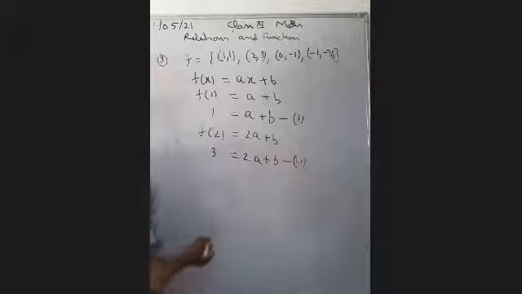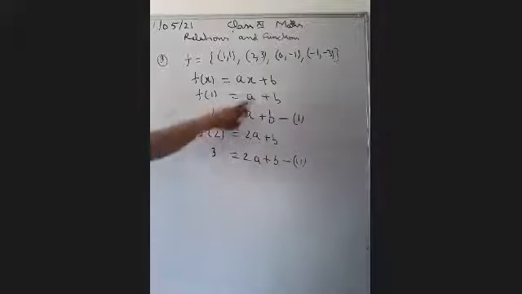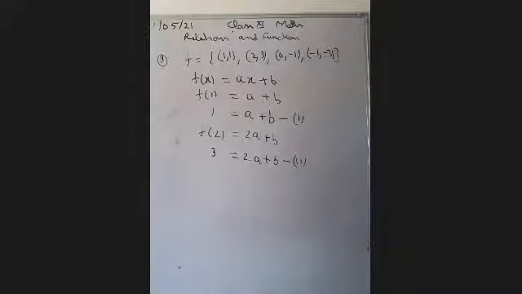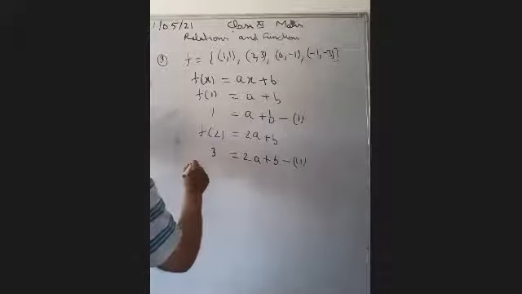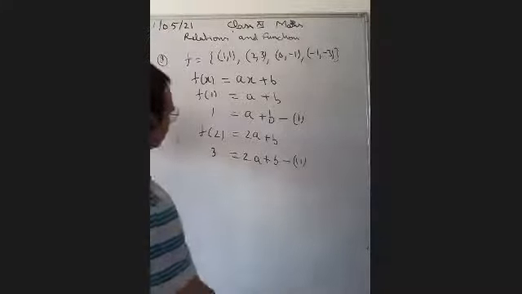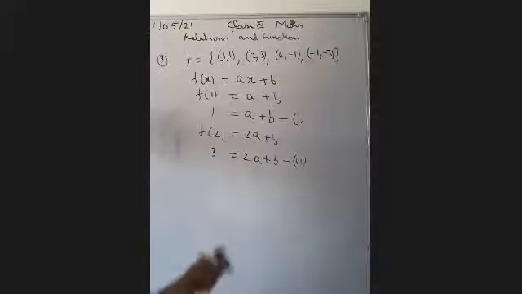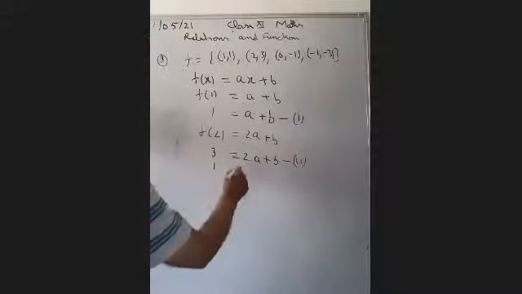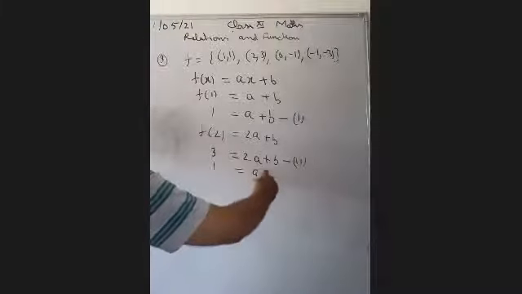Now you have to solve. There is no need to use all 4 data. Out of 4, by using 2, you can solve the value of a and b. So now we are subtracting, ठीक है, the first equation को अगर हम subtract करते हैं, this one equal to a plus b.